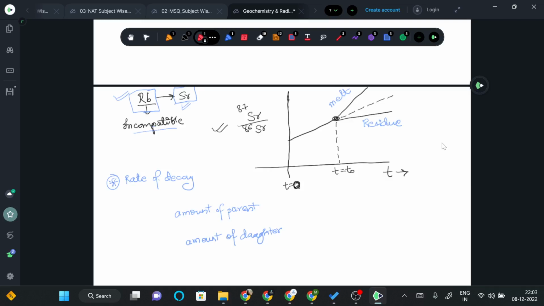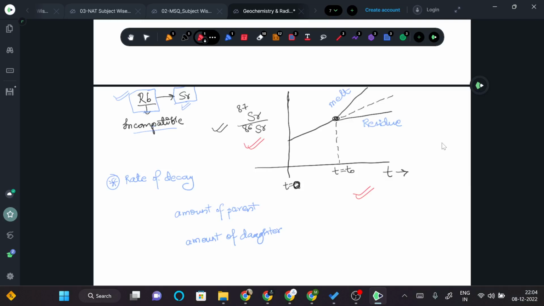One thing I would recommend you all is to remember curves for isotopic ratios versus time, like this one. This is for Sr. Okay, so just try to remember these curves if possible, because it will be really beneficial to you during exams, if a question comes from this part.